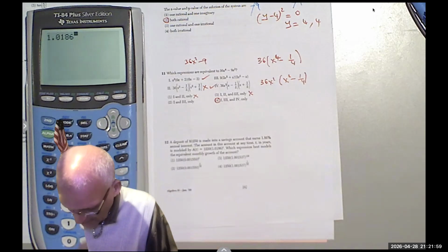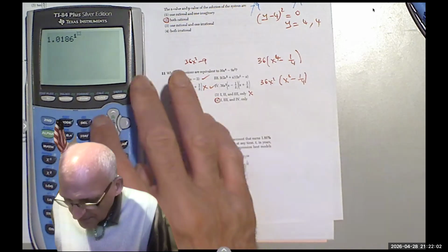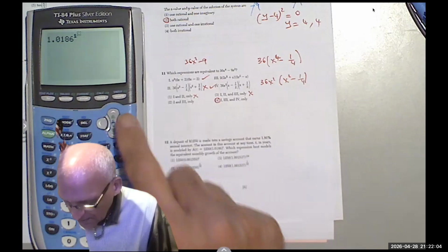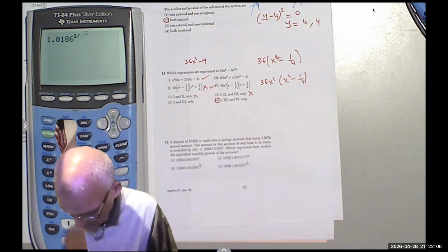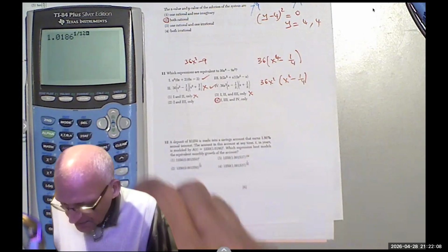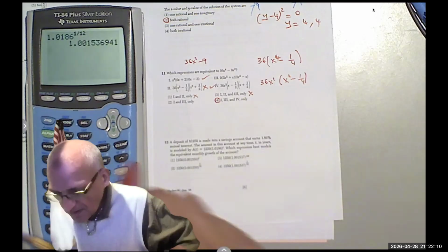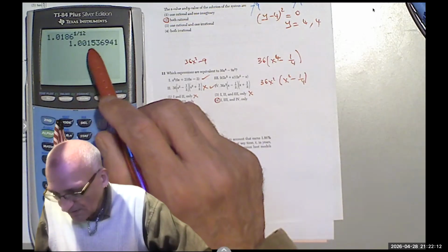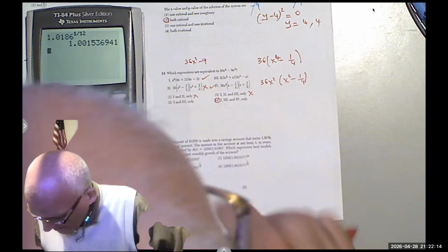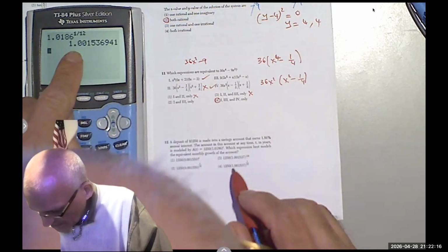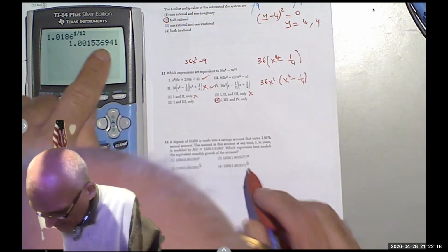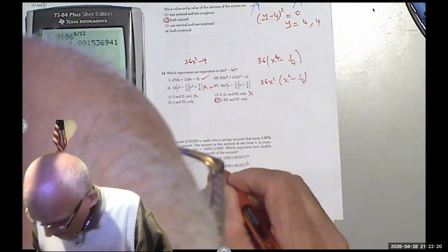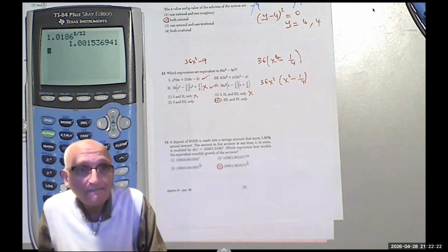And you want to raise that to the power of 1 over 12, and you get 1.001536. So don't divide it by 12.